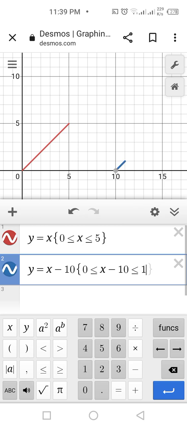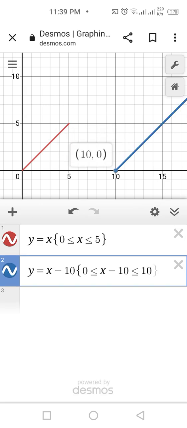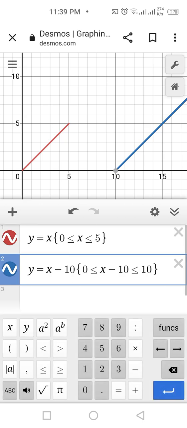So this is also the range of x, but the range of y will become 5, only 5. So it will become x minus 10 up to 5. So it will become up to 15, minus 10 is the right hand side, 15. Clear? So these are the points.